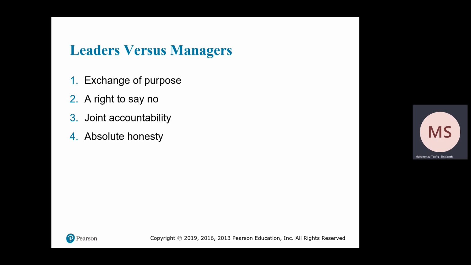There are a few differences between leaders and managers. Leaders must be able to exchange a sense of purpose. You must not only monitor people, you must show people the purpose you see.